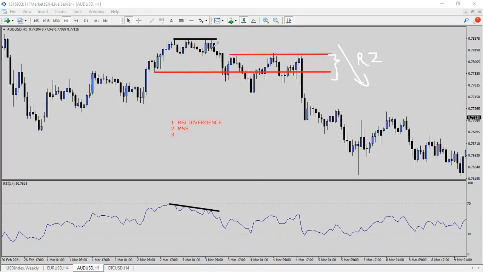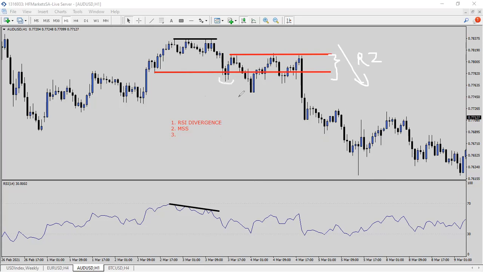So looking at this area in here, we know that this is the area where we are looking for our confirmations to take our trades. Firstly, what we notice is obviously that break of structure again before price comes in. Now, this is a good identifier, because this is telling you something very important.